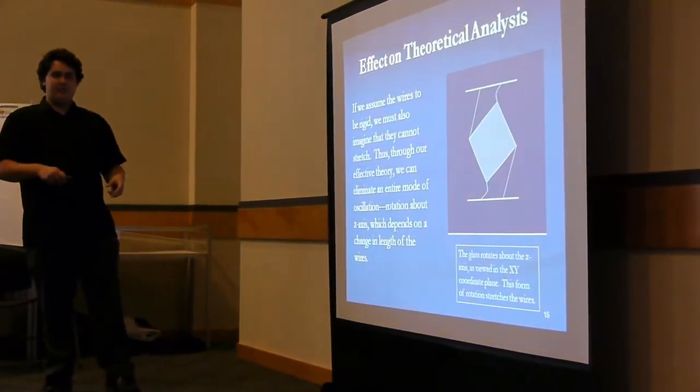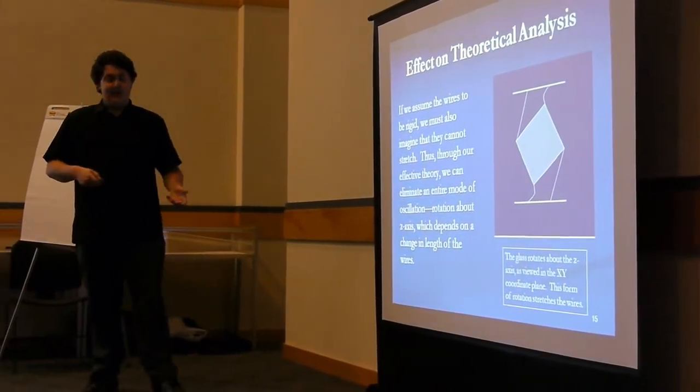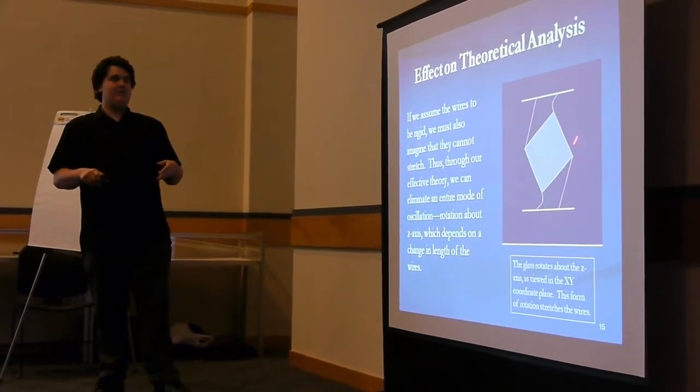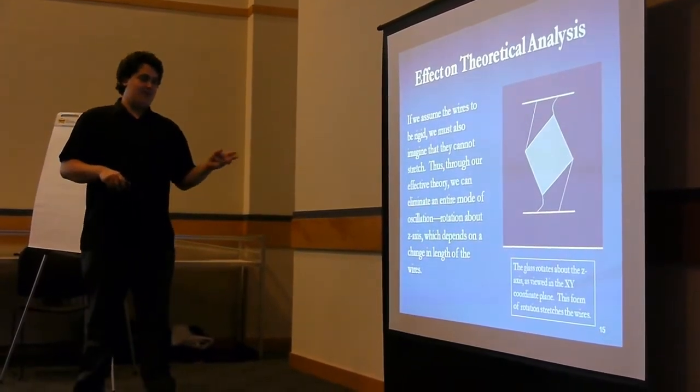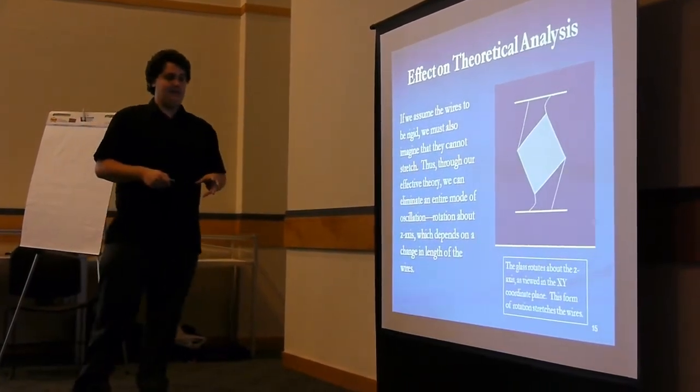Now, if we consider the wires to be rigid, this is a problem because you can't really stretch a rigid rod. Therefore, we can completely disregard this mode of oscillation when we consider our effective theory.